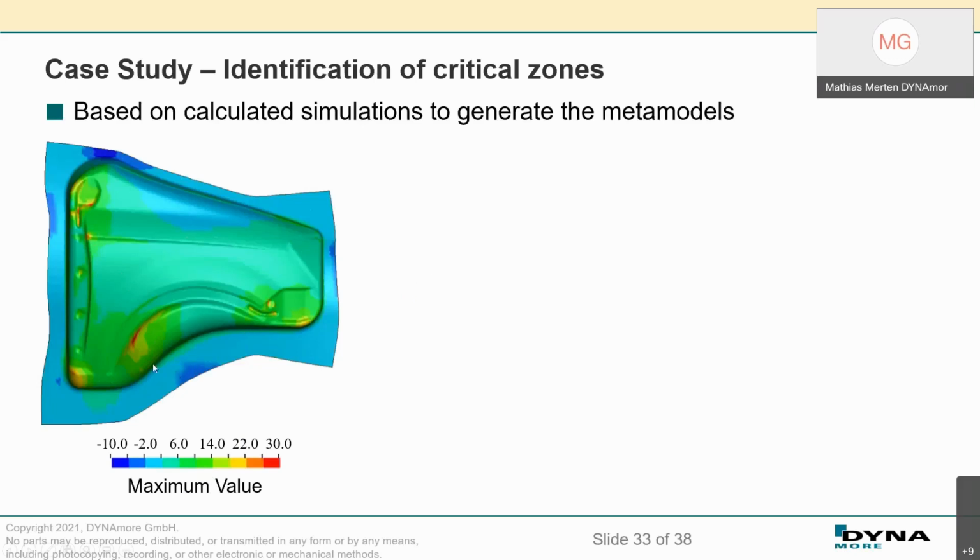But what was interesting for me is to see that we now also have a red area here. This was not seen that strong before, but now we see the maximum on the metamodel for this problem.